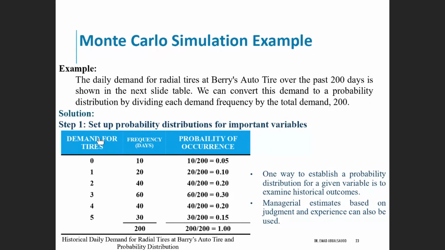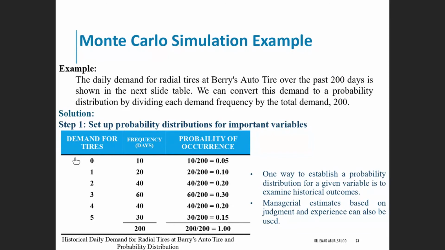The daily demand for radial tires at an auto tire company over the past 200 days is shown here in this table. We can convert this demand to a probability distribution by dividing each demand frequency by the total of 200, and that was the first step. You have the demand of the tires and the frequency of the days where the demand appeared.